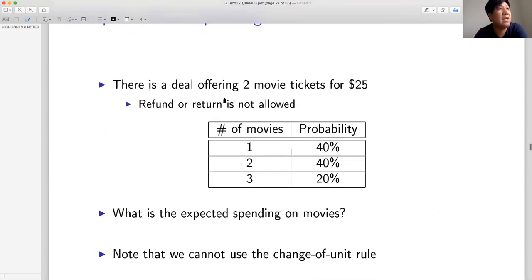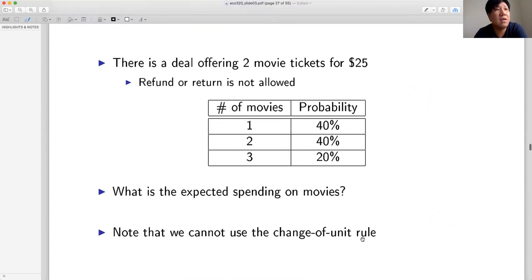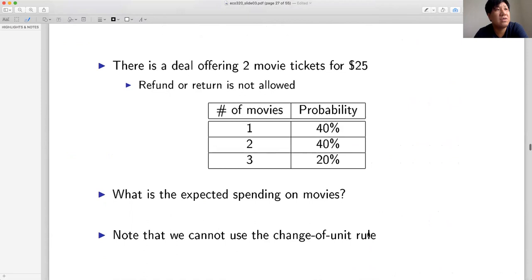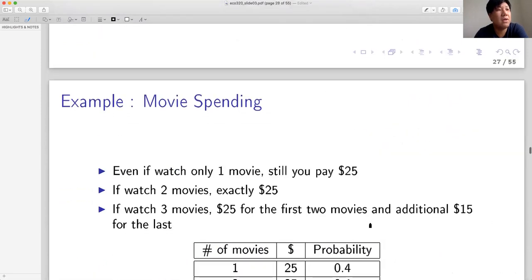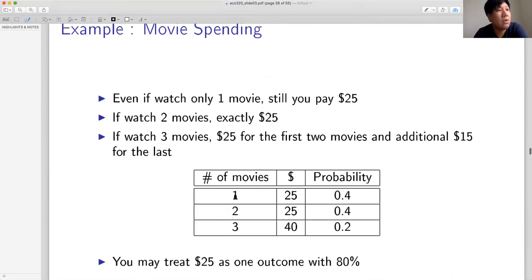Let's say there is a deal offering 2 movies for 25. What is the expected spending on movies? Now you can do the same thing. So try to do this yourself, and then we can reveal the answer. If you are watching one movie, you're still paying 25 because you already bought a ticket for two, but you are watching only one time.